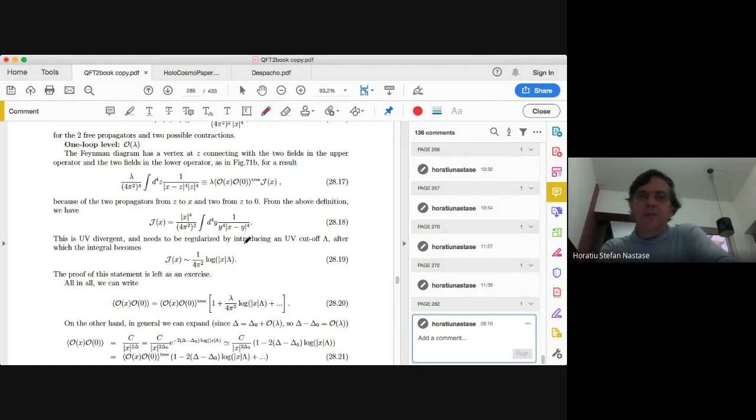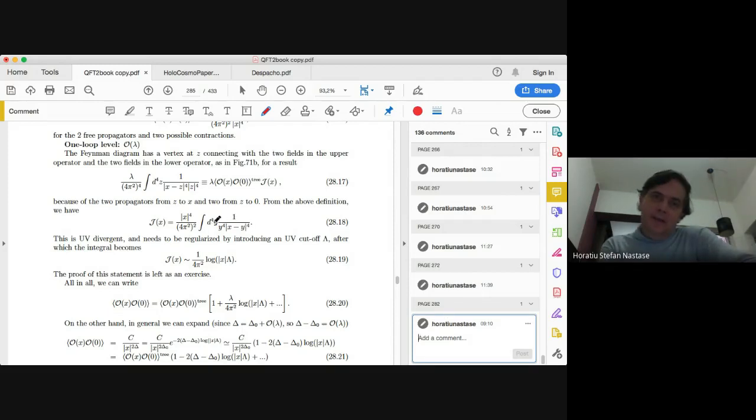So I have to introduce some regulator, some UV cutoff. UV because small x means high energy, UV. And by the way, at large y, this is not divergent. This is not infrared divergent. Large y means small energy, which would be infrared.